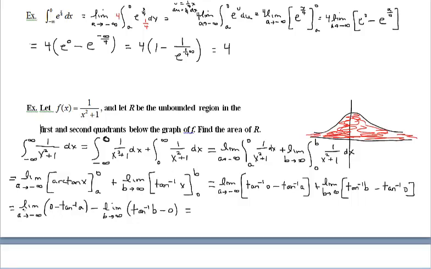So what is this limit when I plug in negative infinity for a? Well, that requires our knowledge and remembrance of what the arctan graph looks like. So I'm going to come up here and quickly remind us what the arctan graph looks like. You could dig back into your notes, right before we found derivatives of inverse trig functions, I provided you with a worksheet that had the 6 trig graphs and the 6 inverse trig graphs.